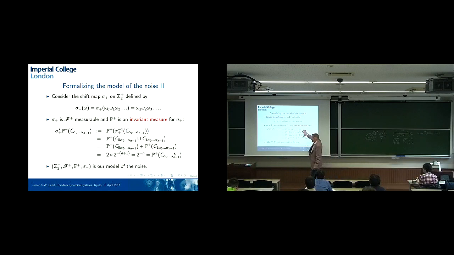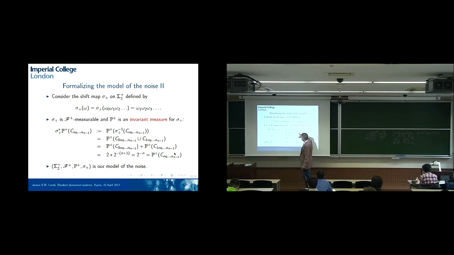Here's a calculation, maybe because of time I will not spend too much time, but you can just basically add it on. You apply this sigma plus on this measure, and it acts as the inverse of the argument. The inverse of the argument means there's two different symbols that can go in front, a 0 or a 1, but these sets are disjoint.